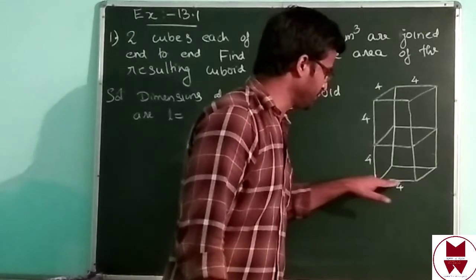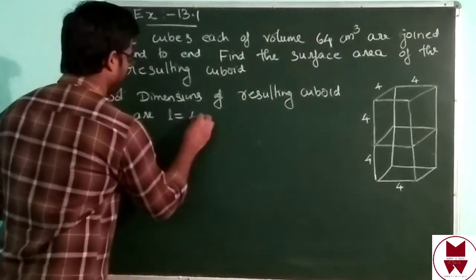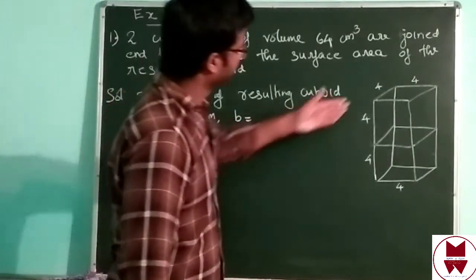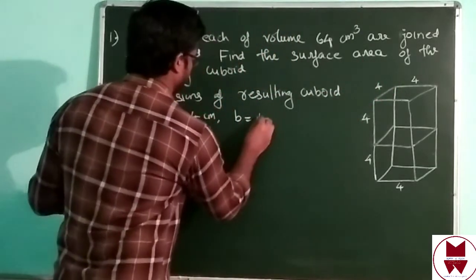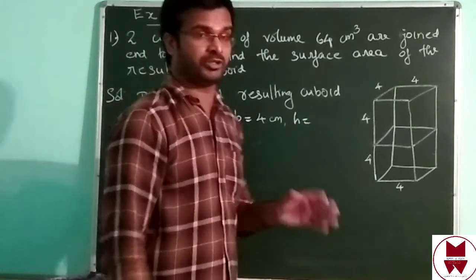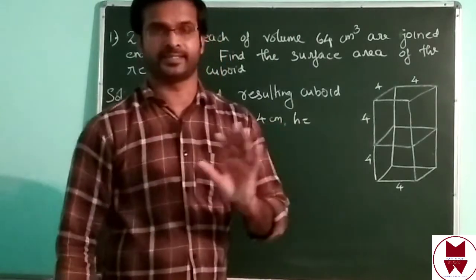You can consider this is length, isn't it? Length how much? That will be 4 centimeter. Then width means this one. That side, that also 4 centimeter. Then height, how much? What will be height? Total, this is height, isn't it? 4 plus 4, total 8 centimeter.